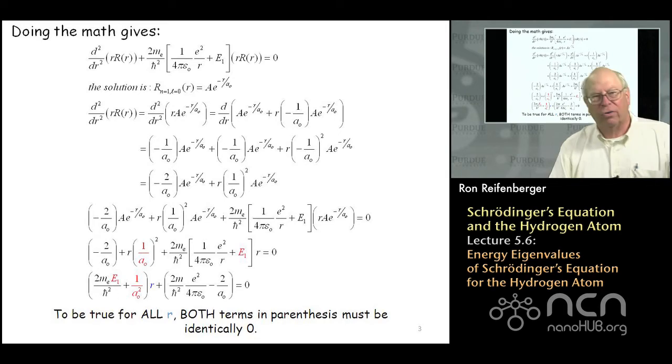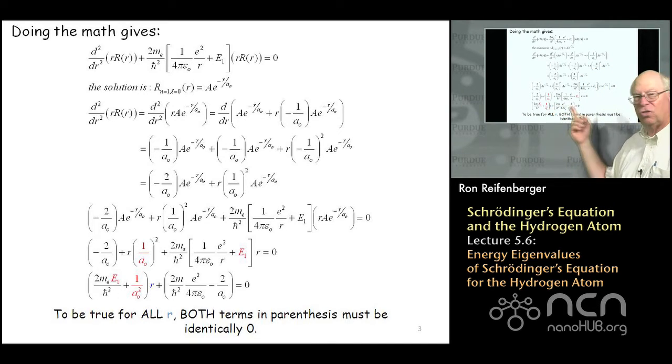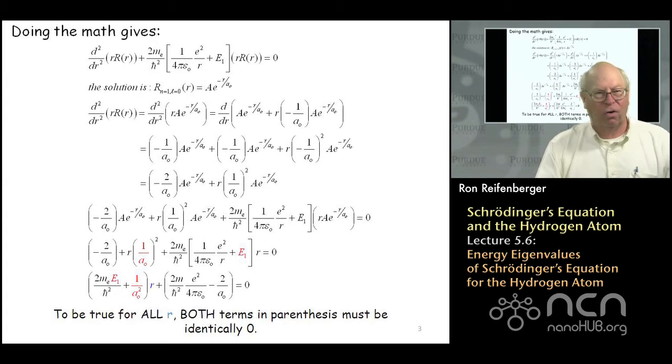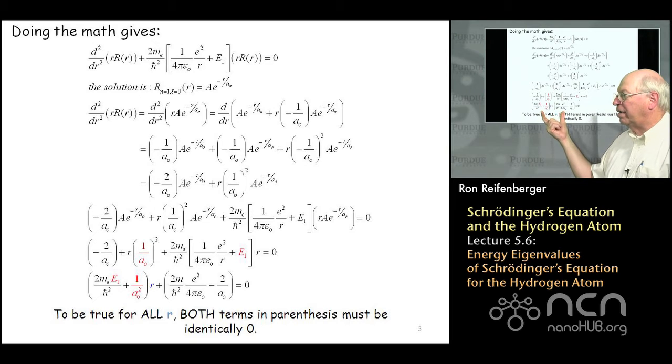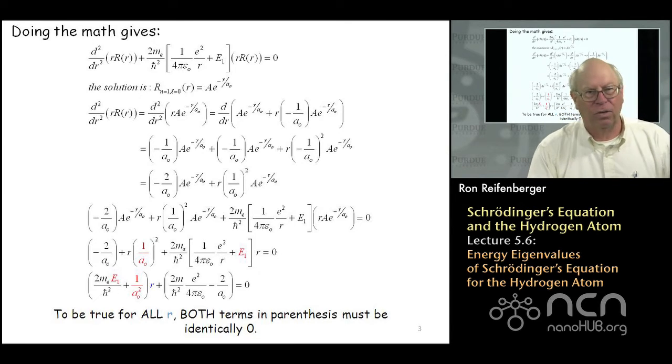Well, that's hard to accomplish. You can imagine that maybe you can solve this equation for one value of r, but the fact that it has to be true for all values of r imposes a condition which says that the only way it can be true is if both the coefficients in parentheses are identically equal to 0.